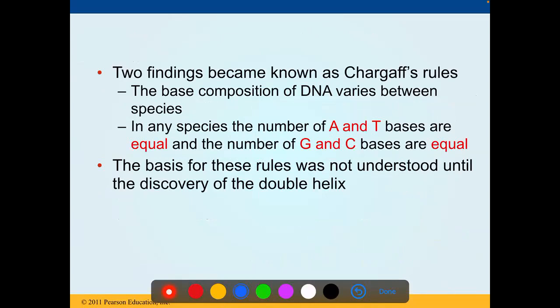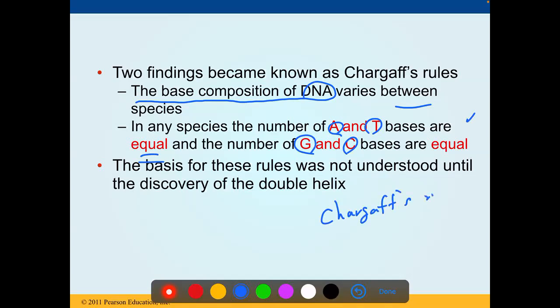So the base composition of DNA varies between species, but in any species the number of A and T bases are equal, and the number of G and C bases are equal. This is what we call Chargaff's rule. I think Watson and Crick's first publication quoted Chargaff's rule. The basis for this rule was not understood until the discovery of the double helix.